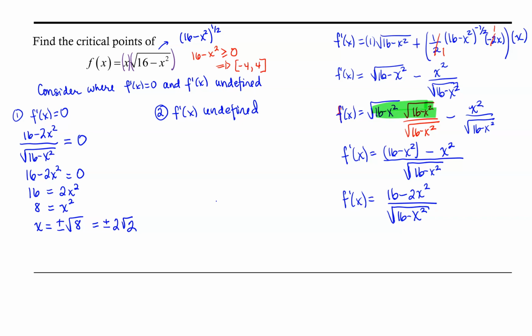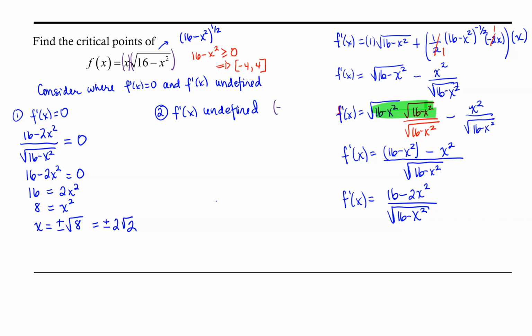If a value of x exceeds 4, then I'm going to have 16 minus a number greater than 16, so we'll have a negative value under our square root. So interior points means we're only interested in those critical points or points at which the derivative is undefined when they lie interior to that interval.